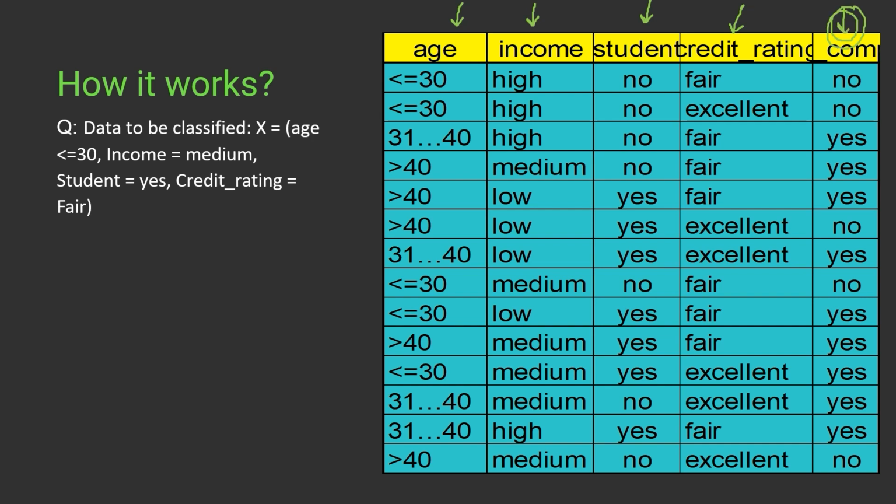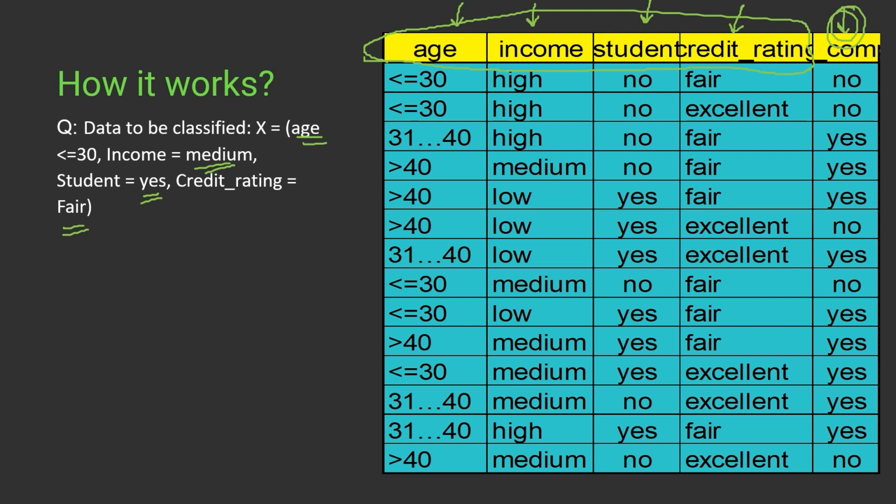So this is the outcome, and these all are the parameters that we have. Using these four parameters we have to predict whether the person can buy a computer or not. The data instance that we are given is age less than or equal to 30, income medium, student yes, credit rating fair.